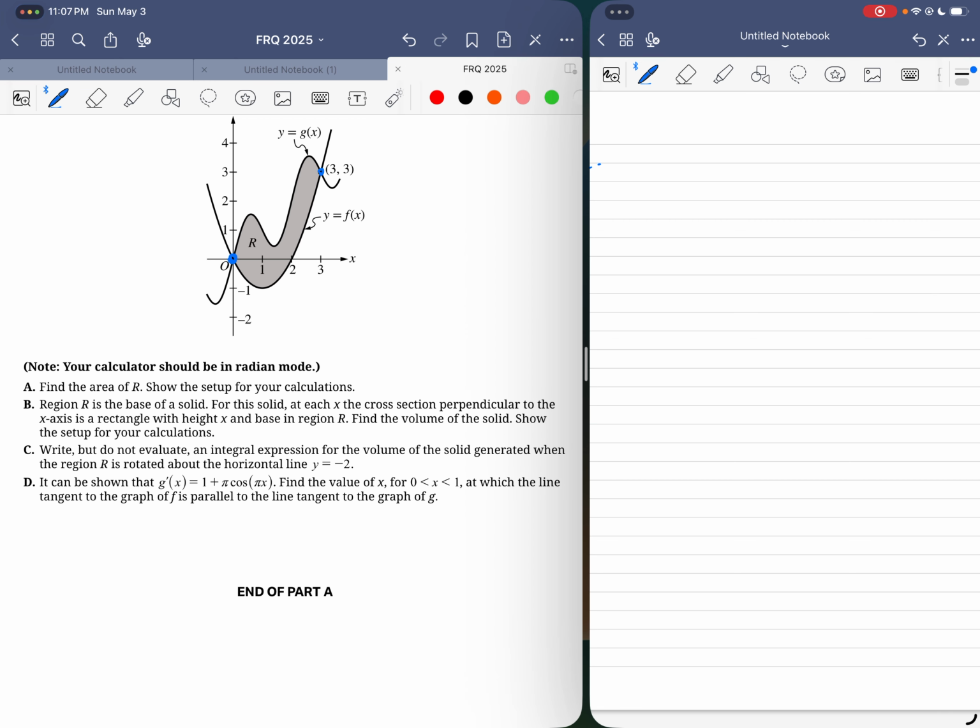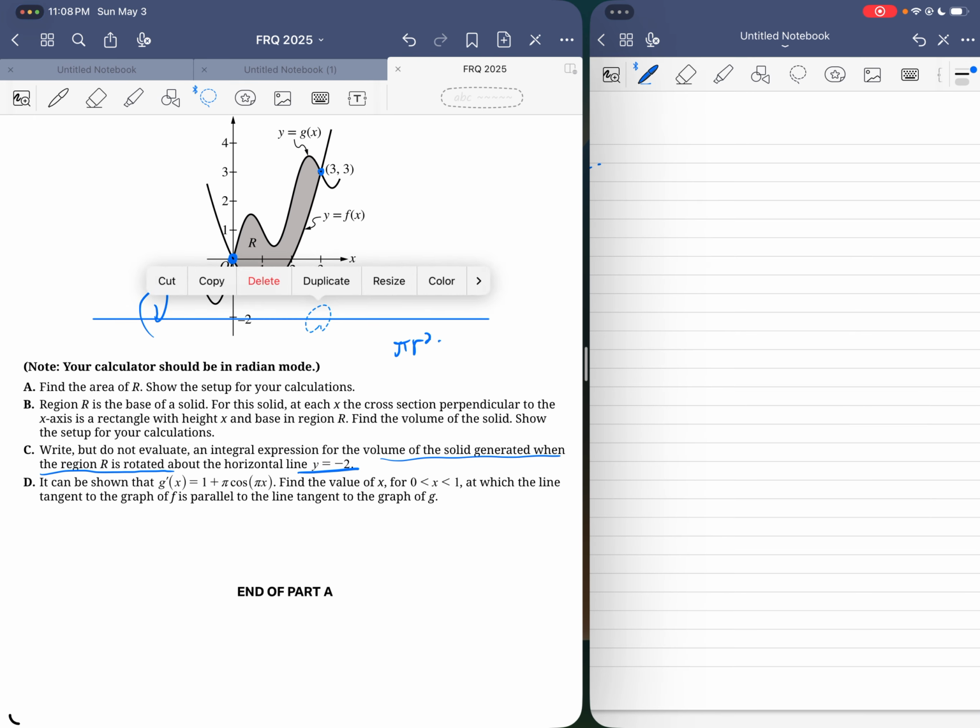You're going to rotate it, the volume when the region is rotated, which is pi r squared. When y equals negative, oh, so even better. Do you see y equals -2? This one is at the bottom here. And then you're going to rotate it.